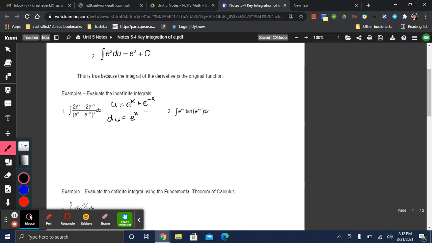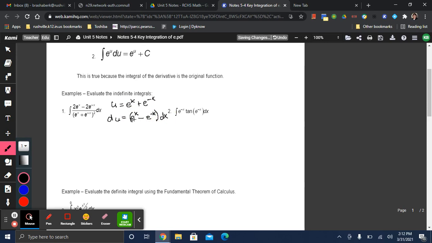And then the derivative of e to the negative x would be itself, so e to the negative x, and then it would be times the derivative of the negative x, so it would be times -1. And I'm just going to go ahead and put that as a minus sign, and then we'll have dx.